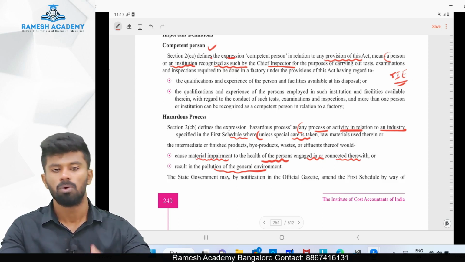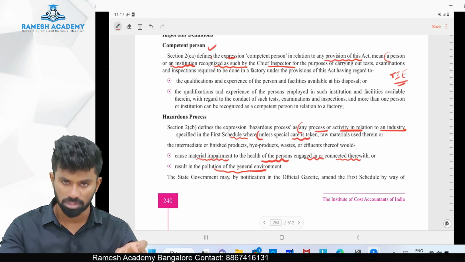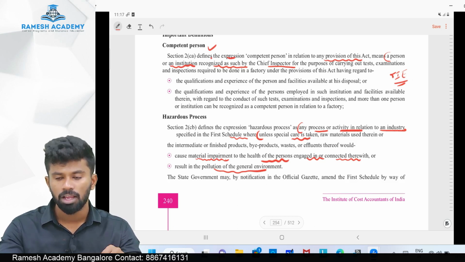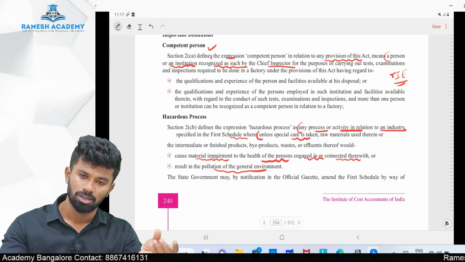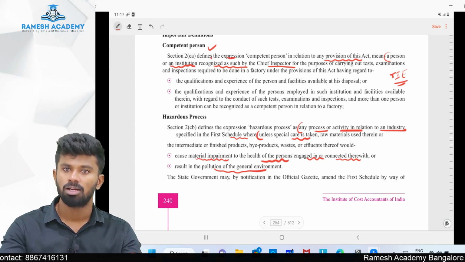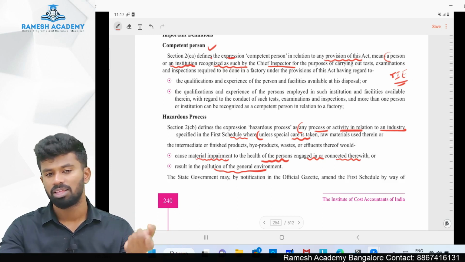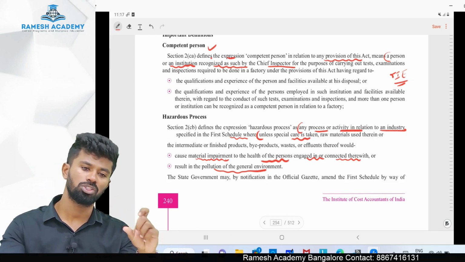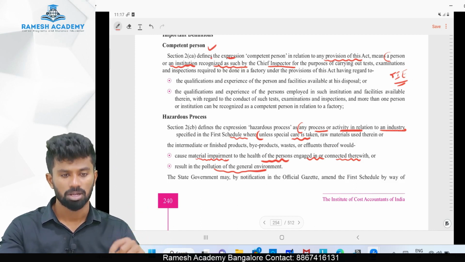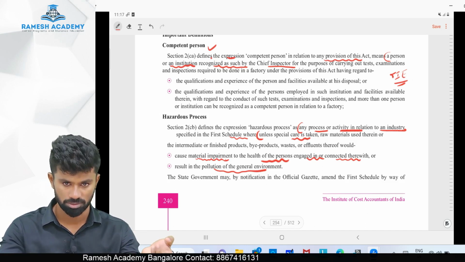Okay. So now, what is a hazardous process? Any process or activity specified in the First Schedule to the Act, where, if no special care is taken, the raw materials, intermediate products, finished products, byproducts, effluents or wastages may cause material impairment to the health of the persons engaged in the process, or may result in the pollution of the general environment.